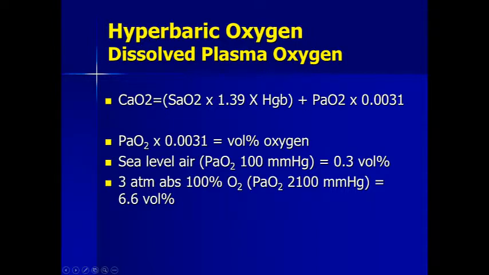So at sea level, when you breathe 100% oxygen, you're basically saturating this number, which turns out to be about 0.3%. If you do the calculations at 3 atmospheres with 100% oxygen, it actually equates to the 6% by volume to maintain metabolic functions.